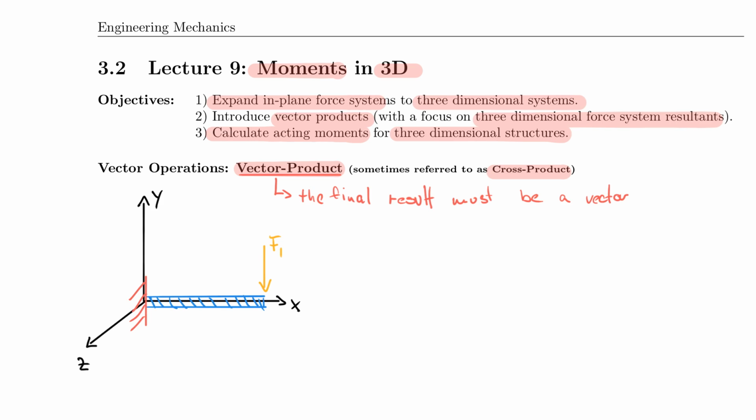So we have F1 here, and then the lever arm, of course, would be down here. So let's call that L. And really what you calculate when you take the force times the lever arm is the tendency of this lever arm to rotate about the z-axis.